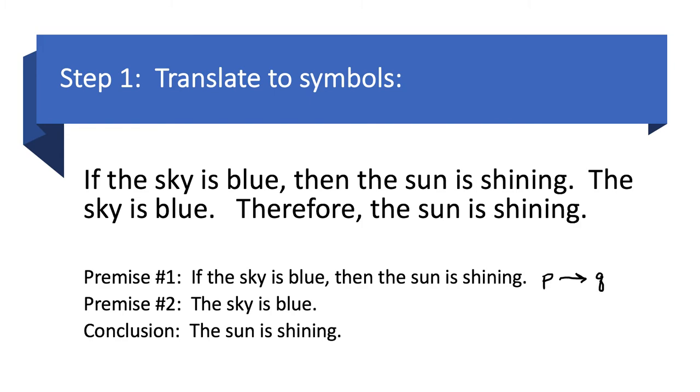So using that, I'm going to come back over here and say, okay, the P will be in front of my connective, which is the word then. So the sky is blue is going to be the P. And then after the connective, we'll have the Q. So Q is going to be the sun is shining.